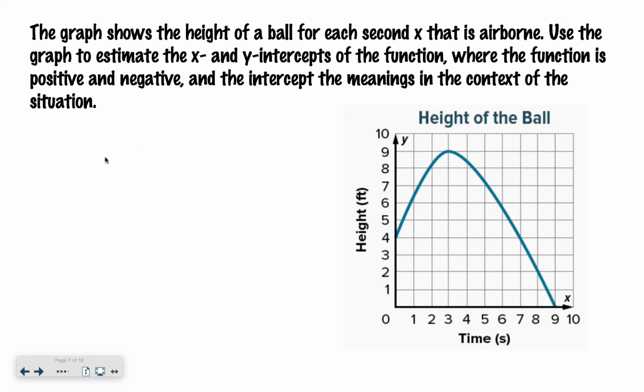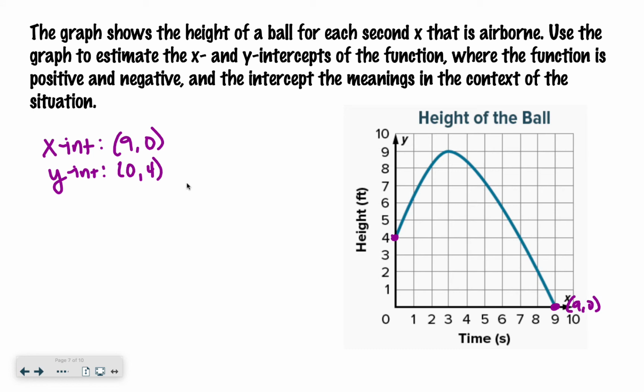Okay, so let's start with the x-intercept. The x-intercept would be way over here, which is 9, 0. The y-intercept, where it crosses the y-axis, is 0, 4. Okay, so what do those two things mean?